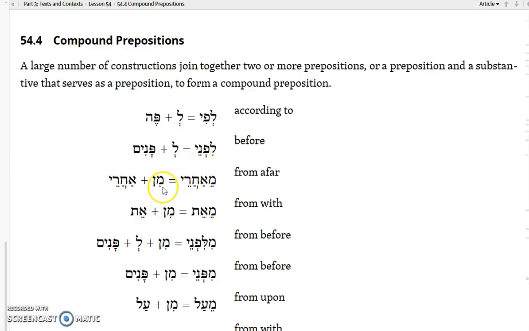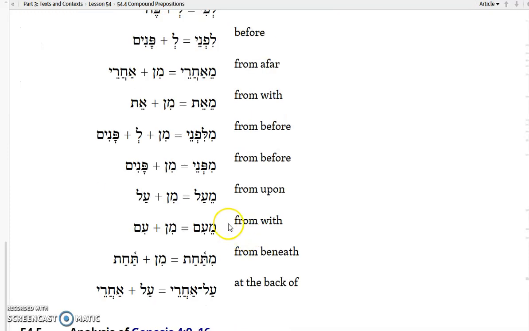And then you can take min plus achar, after, and it means from afar. And then min plus et means from with. Lamed plus panim plus min can be all combined together, from before. It's kind of taking the idea of before and adding the idea of separation from in this particular case.